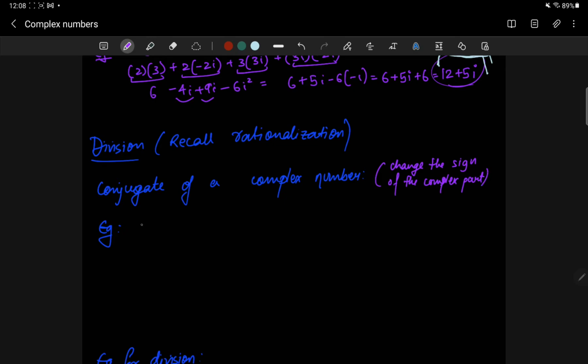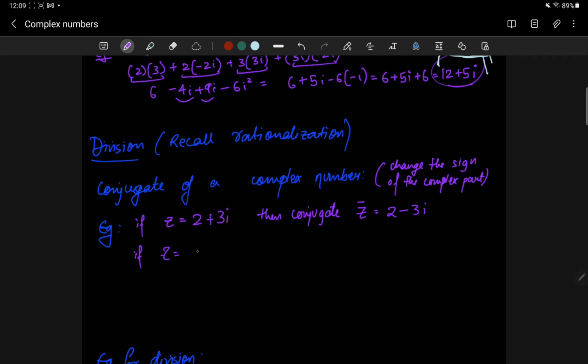Okay, so for example, if z is 2 plus 3i, then the conjugate, which has its own notation, this notation is z but with a bar on top, would be 2 minus 3i.